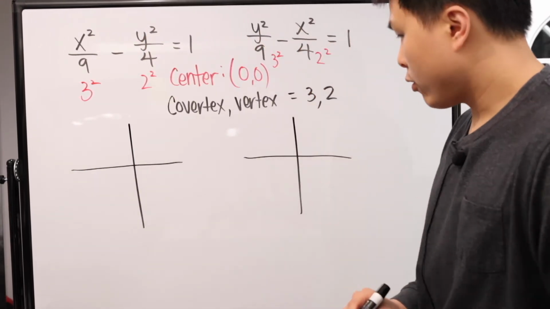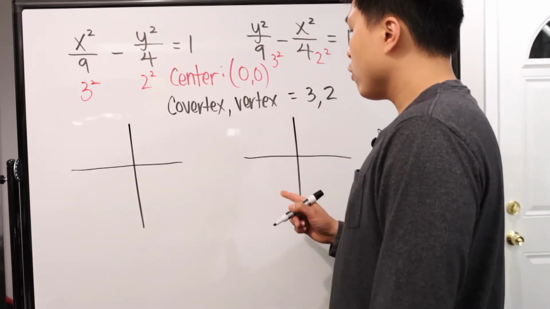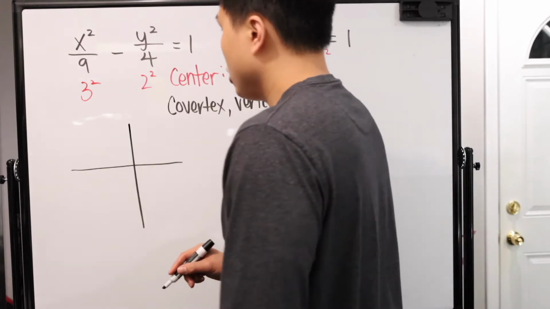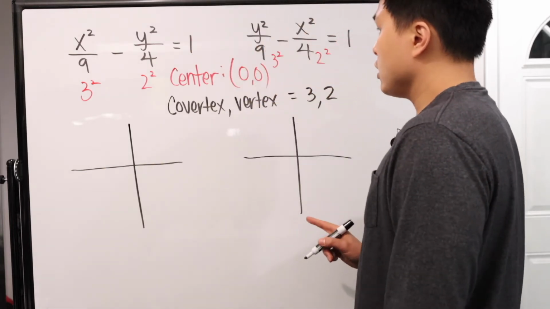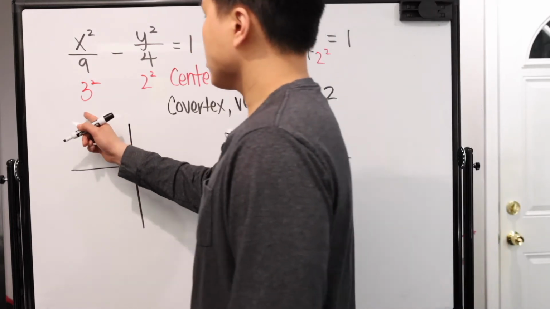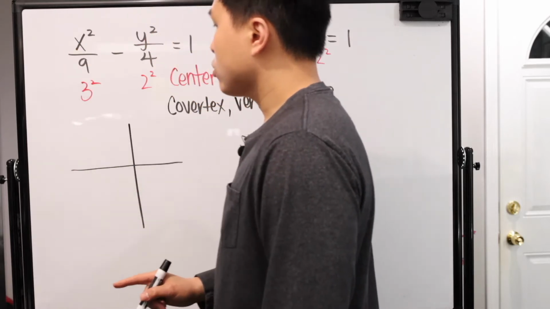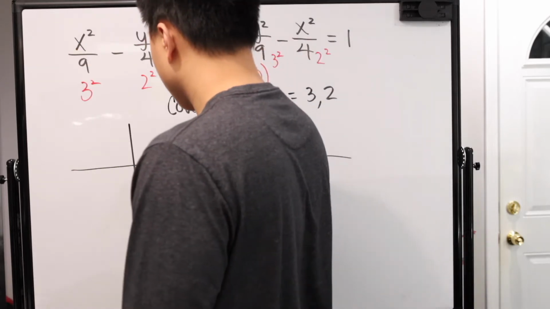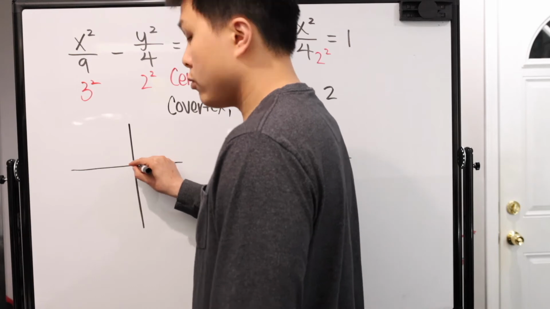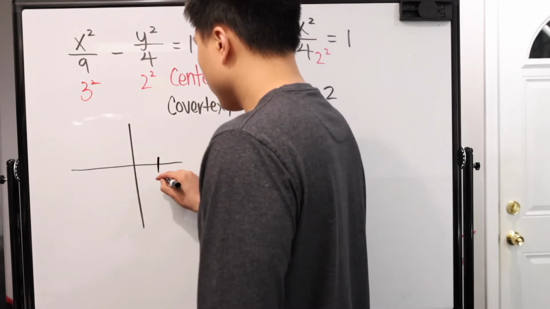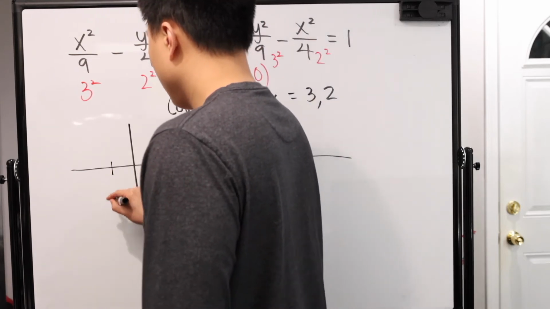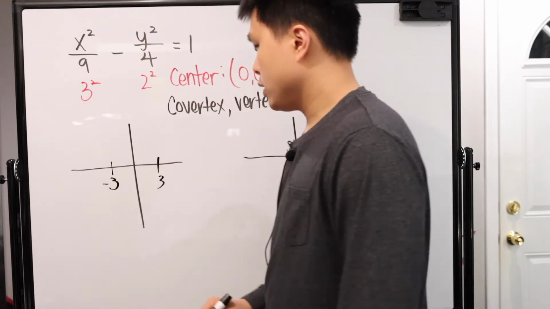Okay, so we have our coordinate planes, and we have our co-vertex and vertex as 2 and 3. Well, in this case, let's just look at this. Since this is going to be under the x, where there's the 3 squared, we actually are going to go here from the center, right? Our center is 0, 0, 3 over, and 3 over, which gives us -3.